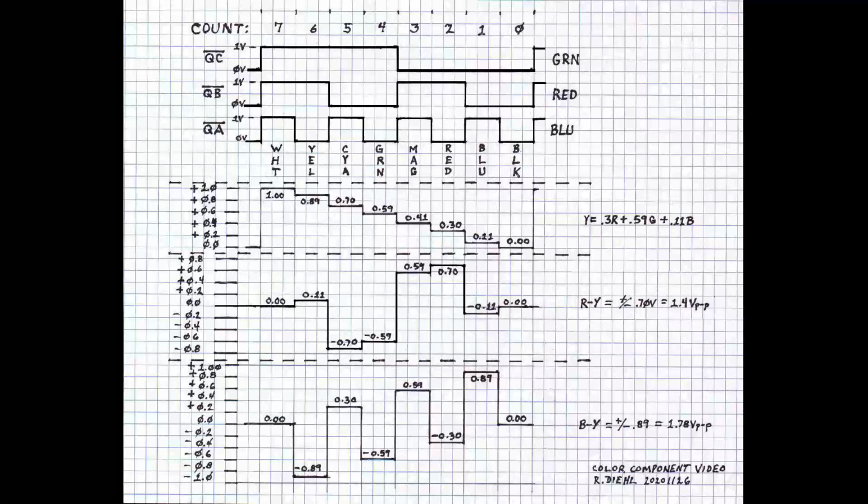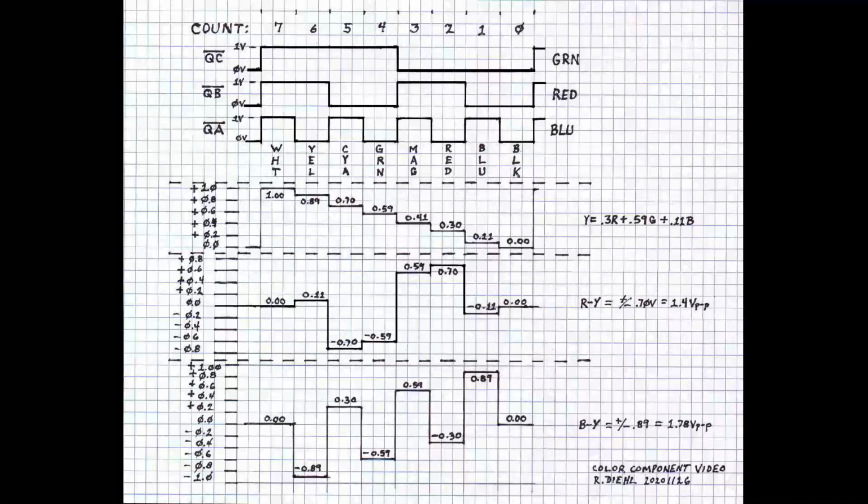And the reason we can transmit a difference signal is because at the receiving end, we take R minus Y, which is carried on a separate carrier, and we pull it out, and we add Y back to it. And guess what we get? The equation would be R minus Y plus Y. So the minus Y and the plus Y cancel out, and we're left with the red signal again.